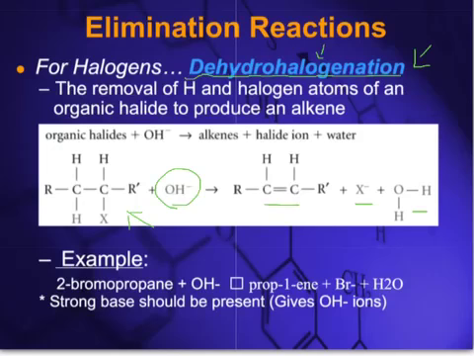Specifically, we can react 2-bromopropane with a strong base to give prop-1-ene, a bromide ion, and water. Notice that not only are the number of atoms balanced in this reaction, the charges are balanced as well. On the left-hand side of the equation, we have a net charge of -1, and on the right-hand side of the reaction, we also have a net charge of -1.